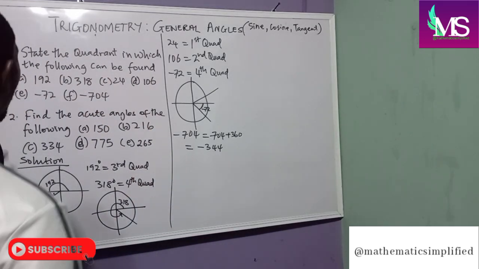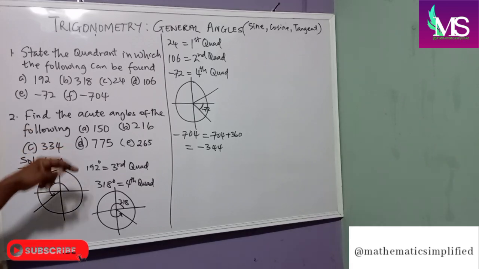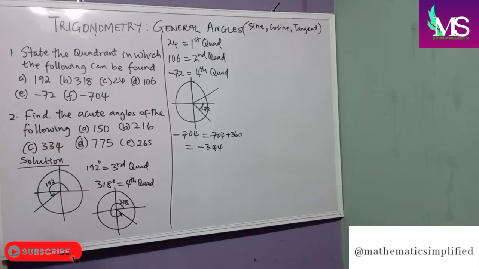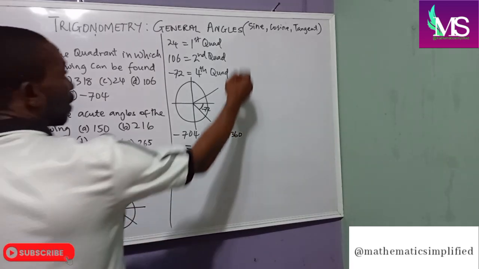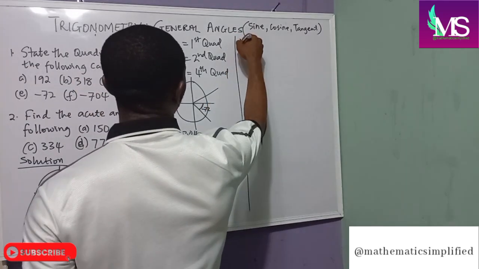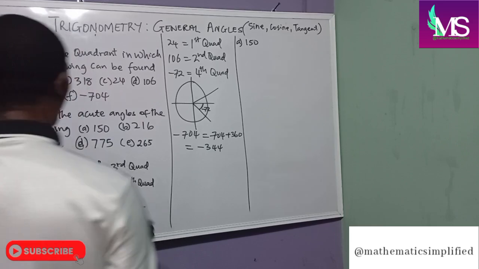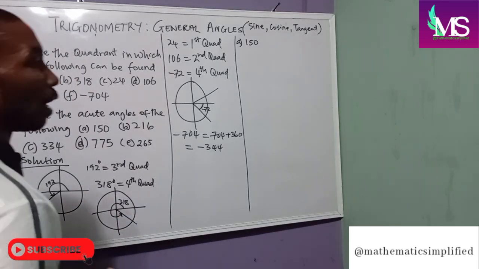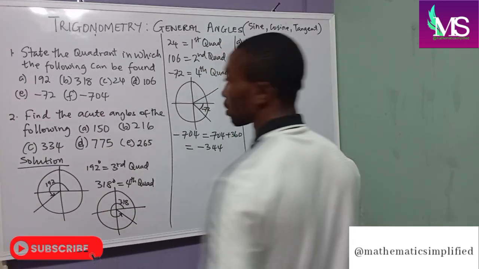Now, to the second question that says, find the acute angles of the following. For us to find the acute angle of 150, in which quadrant is 150? In the second quadrant.